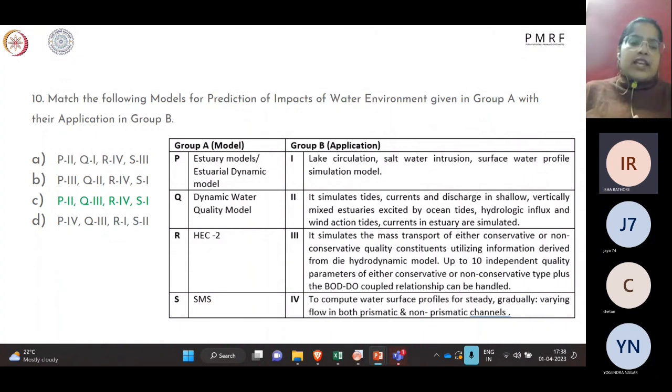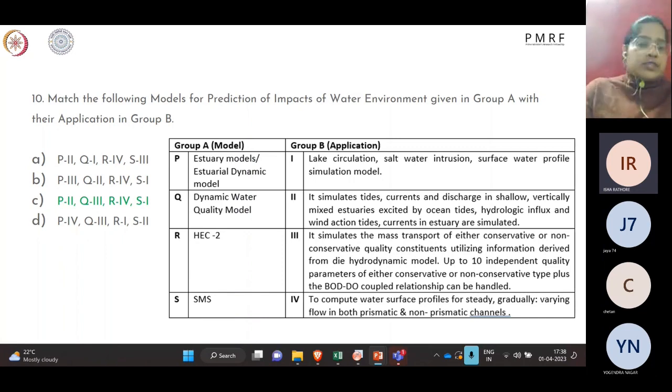And then HEC2 is used for computing the water surface profiles for steady or gradually varying flow in both prismatic and non-prismatic channels. And SMS is used for lake circulation, saltwater intrusion, surface water profiling simulation models. So C was the correct answer. That is P matches with 2, Q matches with 3, R matches with 4, and S matches with 1.